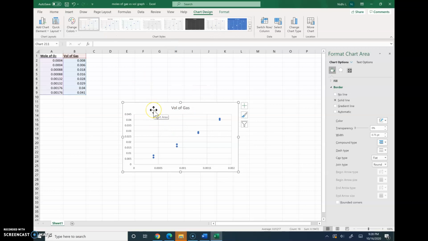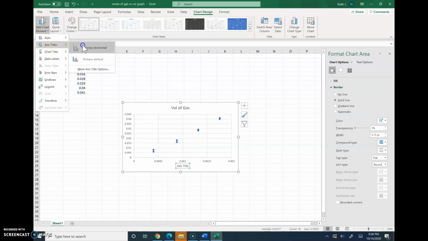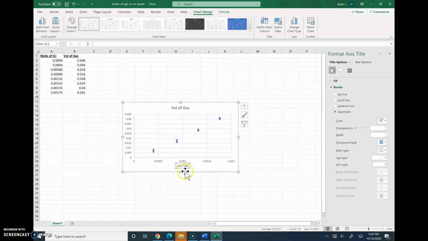Here's your scatter plot. While you're in here, notice Chart Design pops up. Go into Add Chart Element, Axis Title, and then Primary Horizontal. Let's delete that, and then you can put down here moles of O2.